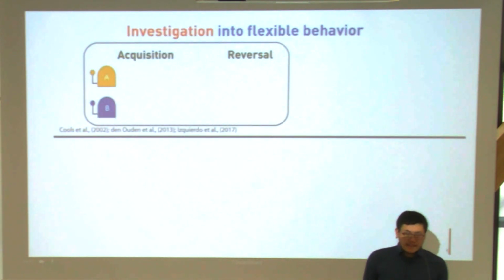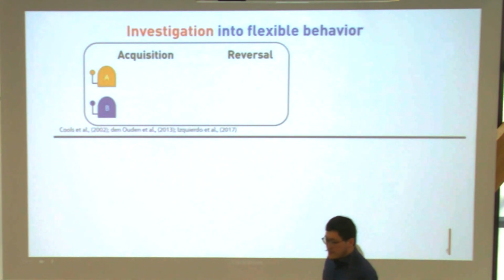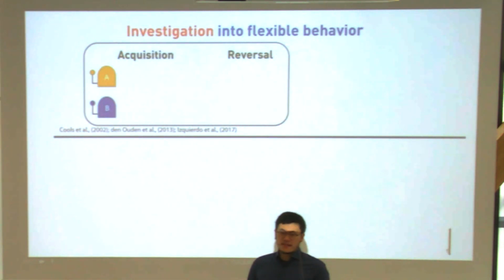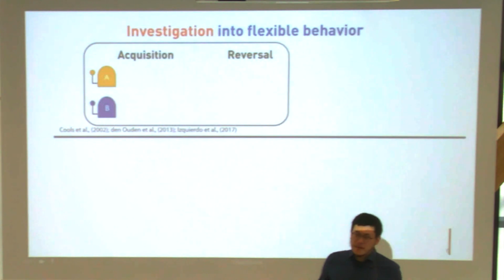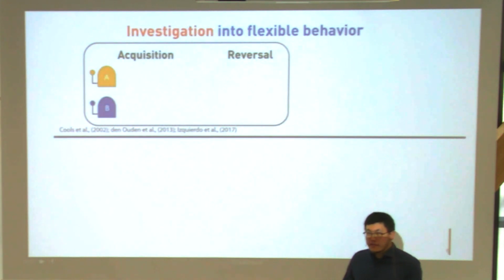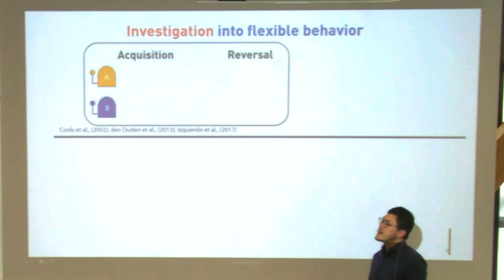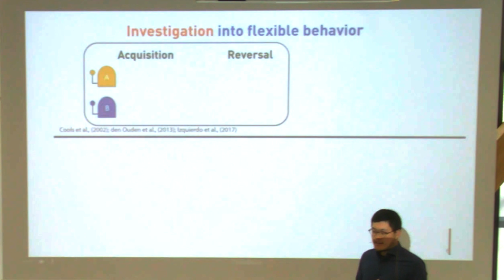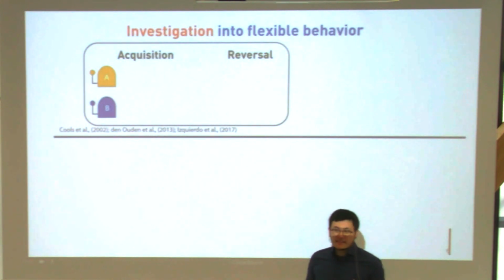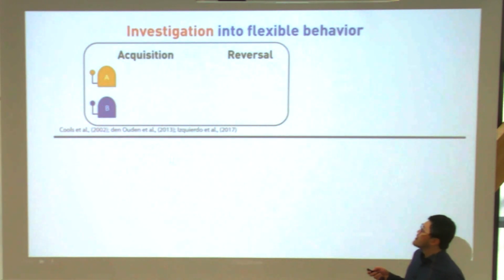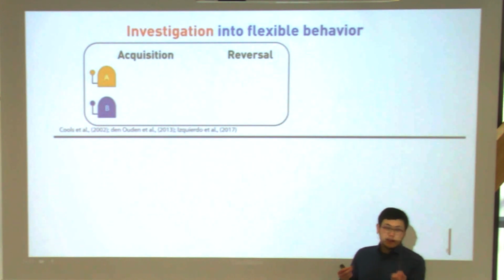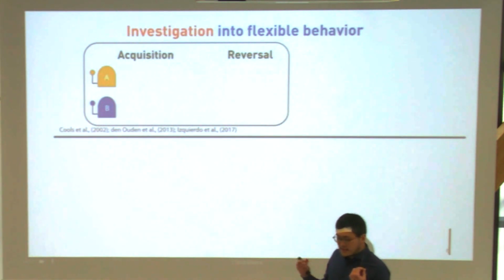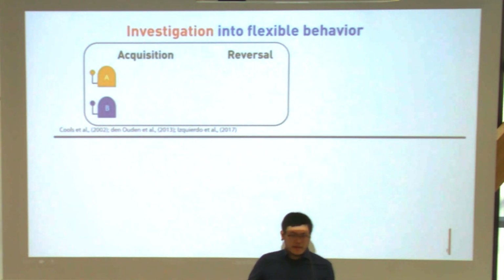To investigate flexible behavior experimentally, there are many paradigms. One paradigm that we have focused on and used in the past is called the probabilistic reversal learning paradigm. This is an associative learning task where individuals see two icons or symbols, and each of them gives a reward with a certain probability.